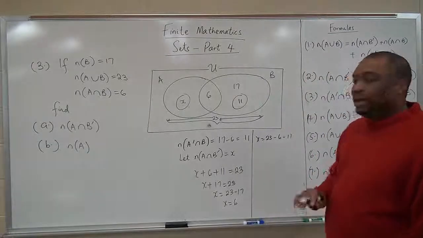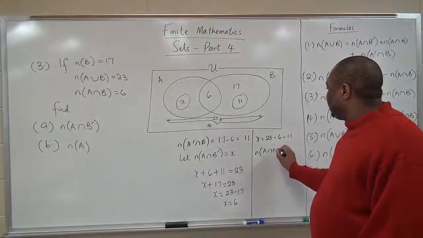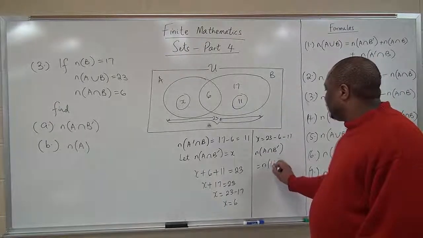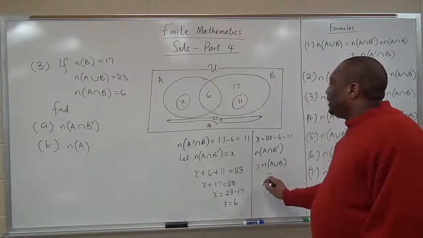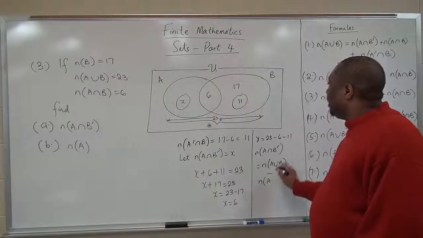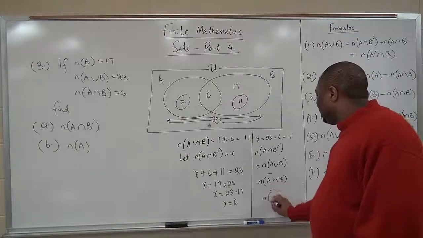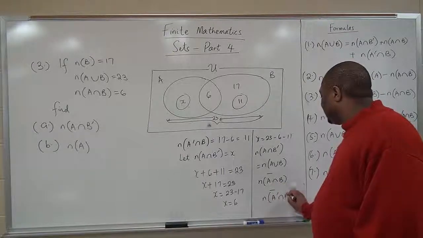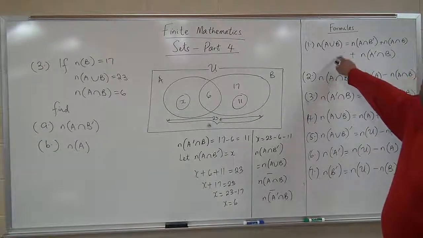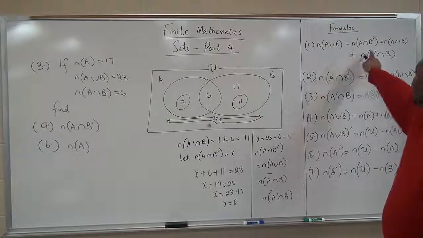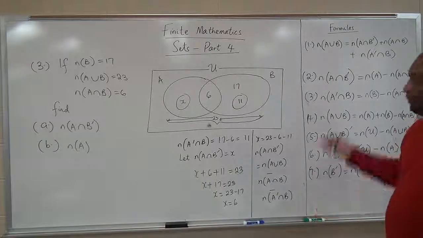So you can now write this formula like this: cardinality of A intersect B prime is equal to cardinality of A union B minus cardinality of A intersect B minus cardinality of A prime intersect B. And it's from the first formula, you can find that this is this minus this minus this.